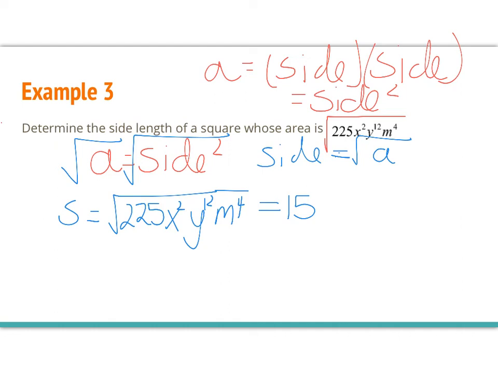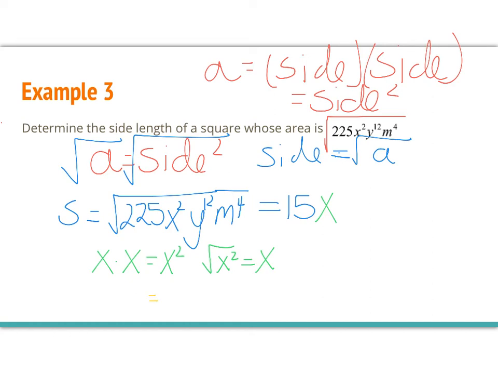Therefore, the square root of x squared is just x. We need to do that for all of our variables here.